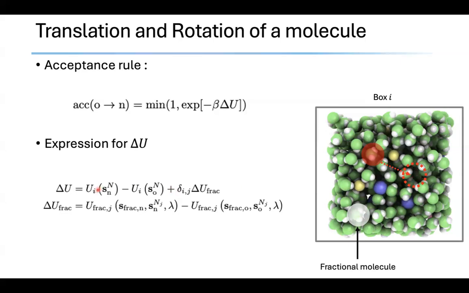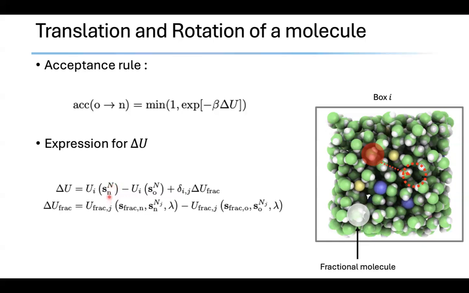The change in the energy due to the translation is given by this term delta U. And delta U is nothing but the energy of box I as a function of this set of coordinates s^N for all the N molecules.